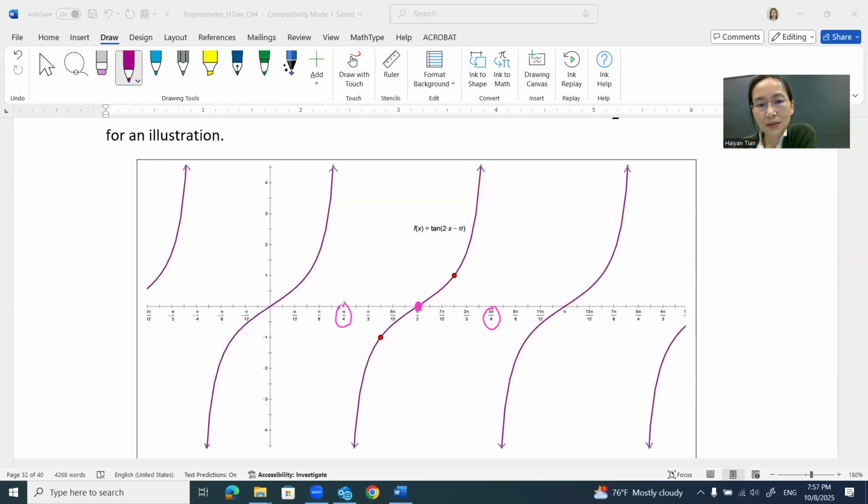That's right in the middle of this interval. And also here, this value and that value, right? So this is another middle point, the middle point on the left half.